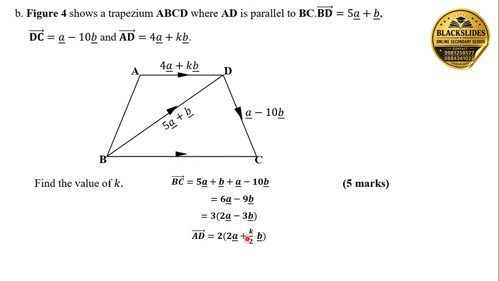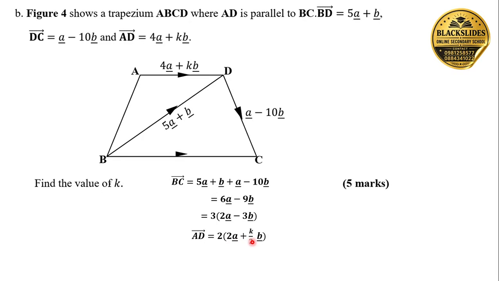So you equate k over 2b to minus 3b. Without doing that, just take k over 2 equated to minus 3, because there's a b here, there's a b here. That means the coefficients or the constants by which b are multiplied are the same. So we equate minus 3 to k over 2.